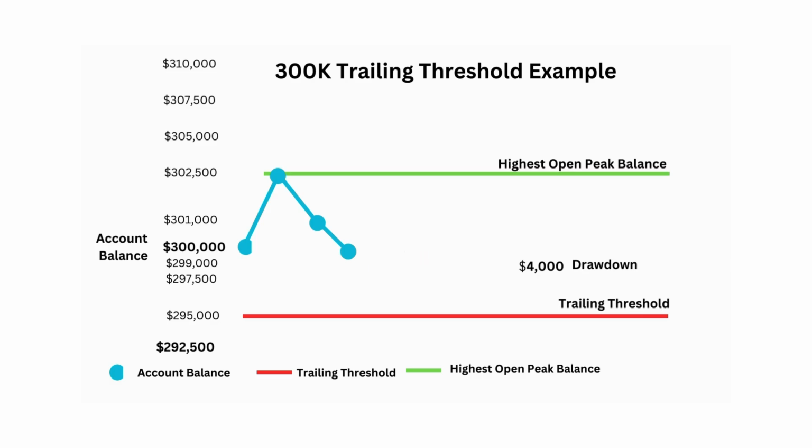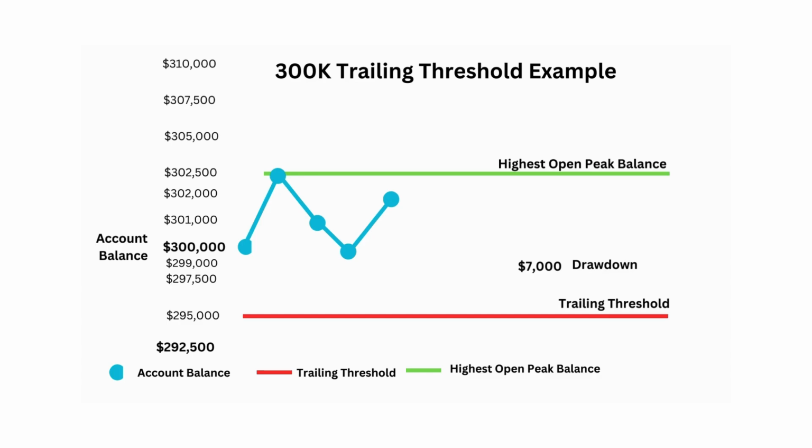Now let's say our third trade closes at $302,000. That's a $3,000 profit that increases our drawdown from $4,000 to $7,000. We didn't make a new high on this trade, so the peak balance and the trailing threshold both remain the same.